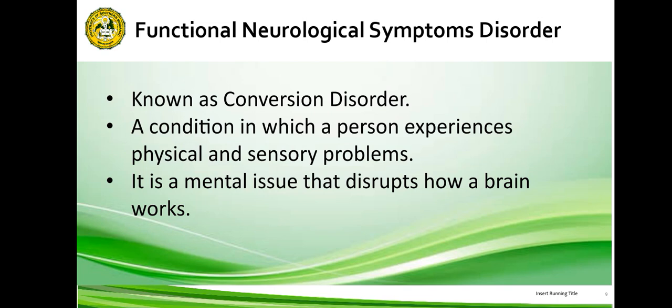So, a person with FNSD may experience blindness or paralysis or numbness that affects the nervous system and cannot be solely explained by physical illness or injury. Usually, it begins suddenly after a period of emotional or physical distress or any psychological conflict.